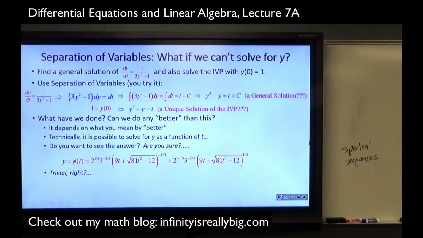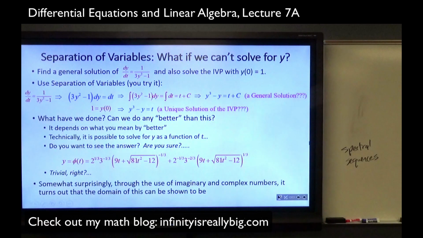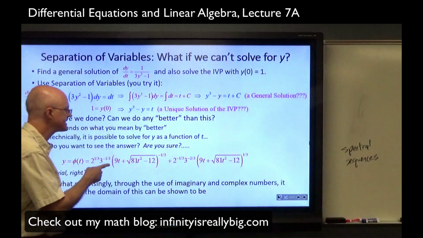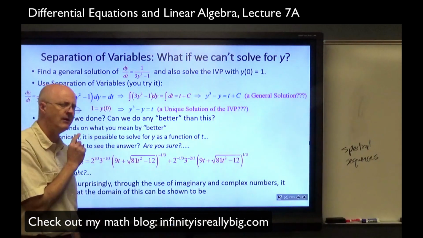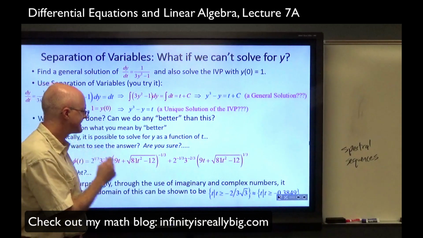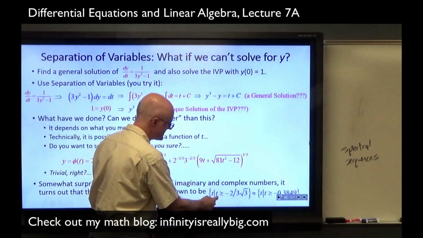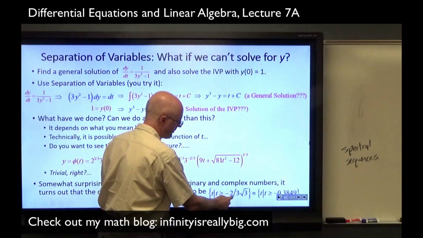It's not really trivial. Anyway, somewhat surprisingly, through the use of imaginary and complex numbers, it turns out that the domain of this function to get real outputs can be found to be something actually unexpected. It's the set of all numbers t such that t is greater than or equal to -2 over 3 root 3.